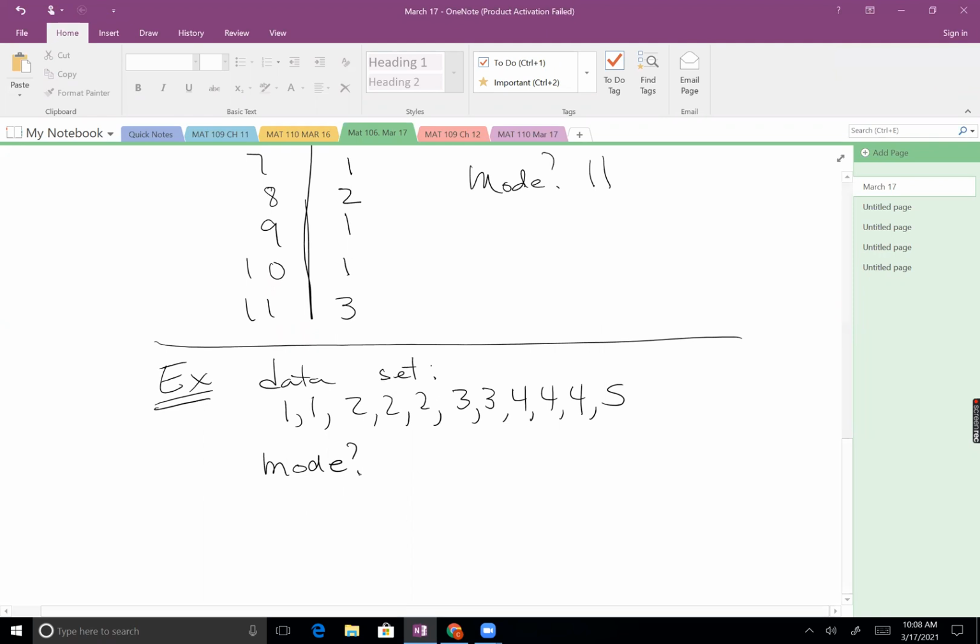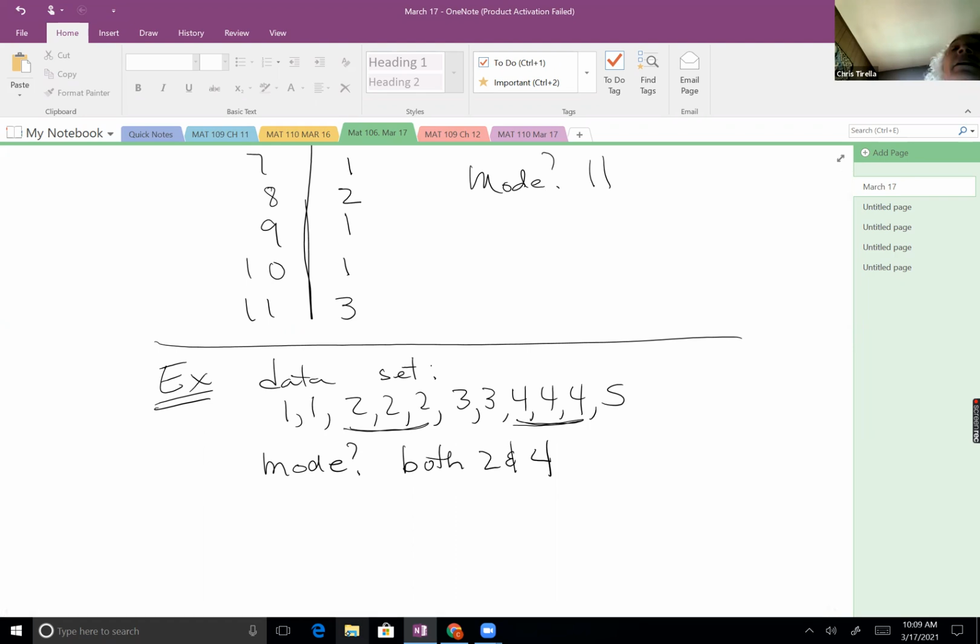Is it 4? There's three 4s, but there's also three 2s. They both occur the same amount. So this has two modes, both 2 and 4. It's all right sometimes for a data set like this to have more than one mode. So yes, you're correct, 4 is, but 2 is also.